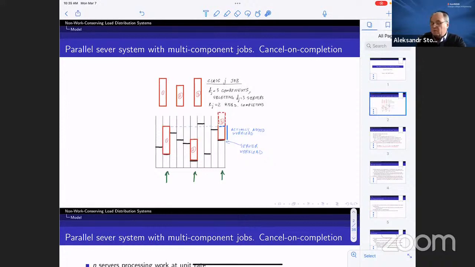Okay. So this is the type of system we are going to look at, and the standard motivation is that the job represents a user who tries to retrieve its data from some server farm. The data is located on some subset of servers, for example 3, and you get the information you want if you completely retrieve 2 out of 3 chunks of data which you have somewhere.